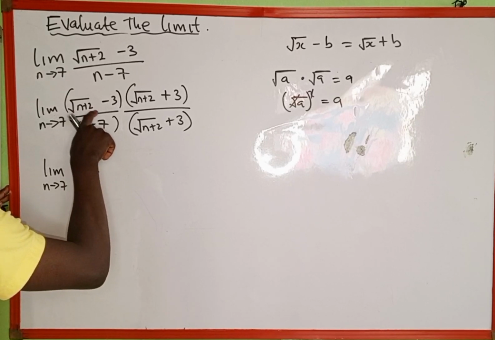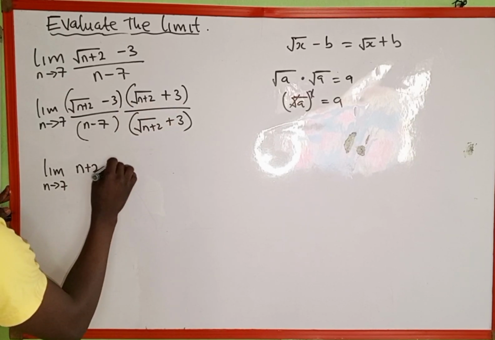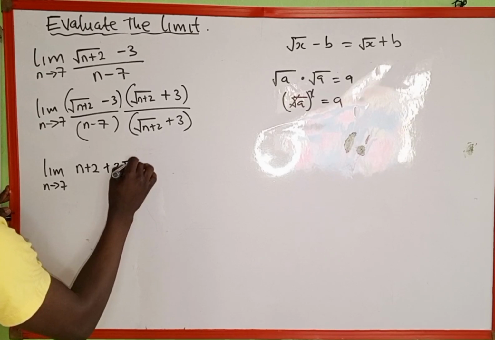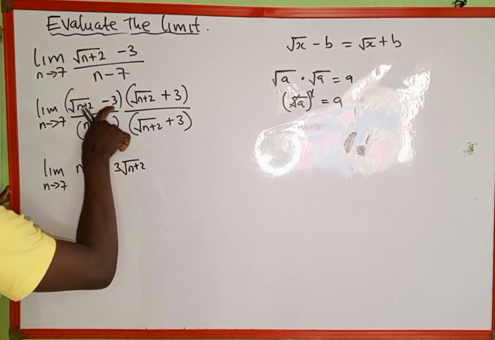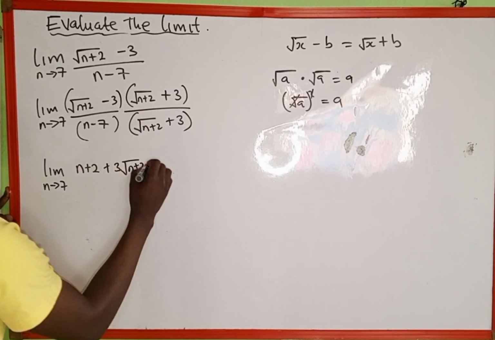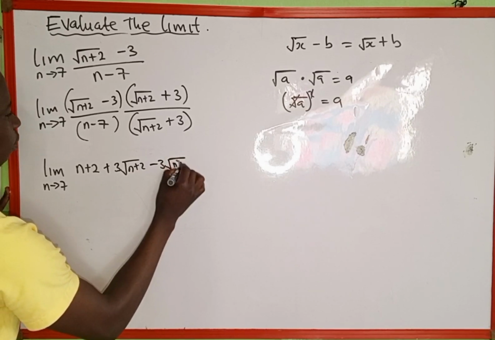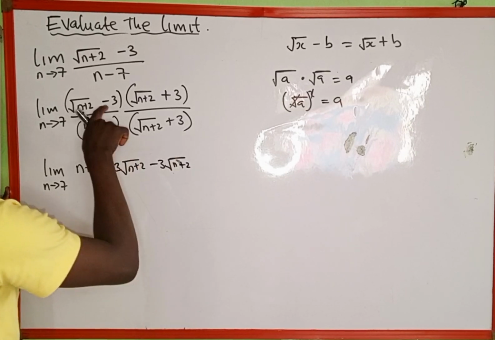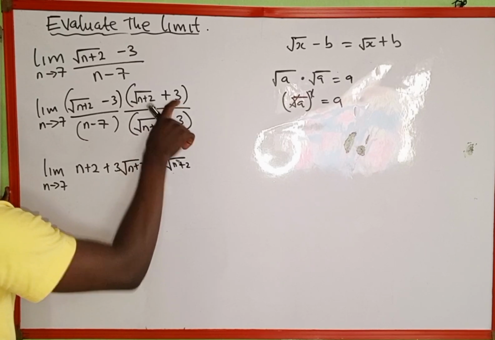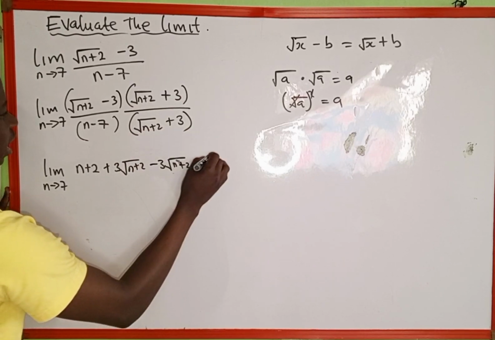Then root of n plus 2 multiplied by 3 is going to give us 3 root n plus 2. Then negative 3 multiplied by root of n plus 2 is going to give us negative 3 root of n plus 2. Then negative 3 multiplied by positive 3 is going to give us negative 9.